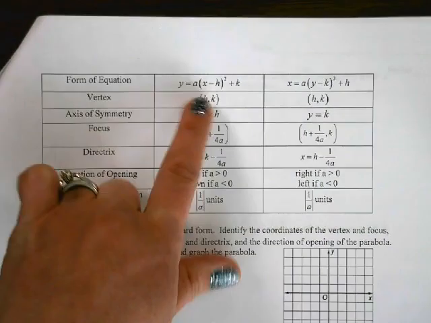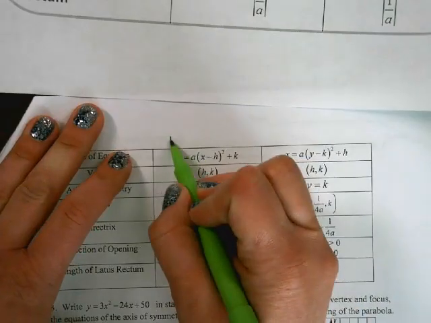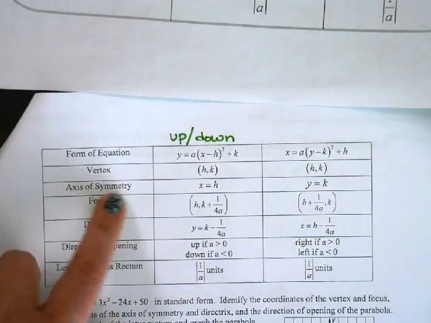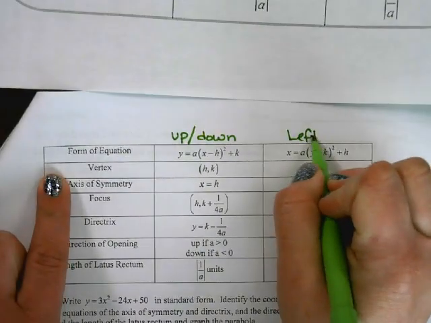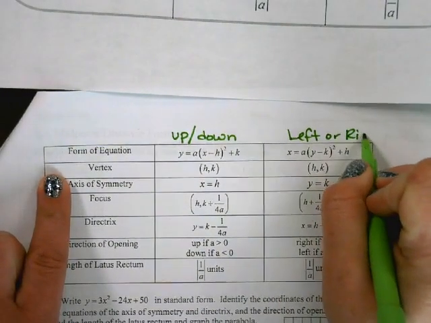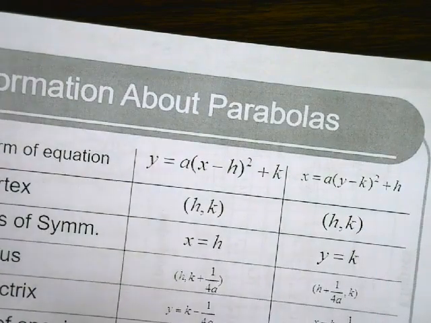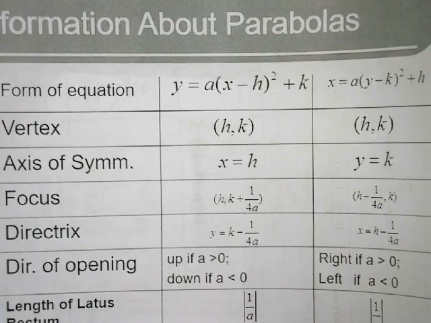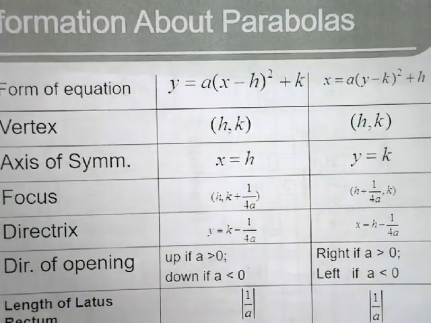We can have parabolas that open up or down, and we can have parabolas that open to the left or to the right. Same thing on here. Up, down, left, right. So keep this side of your formula sheet handy.